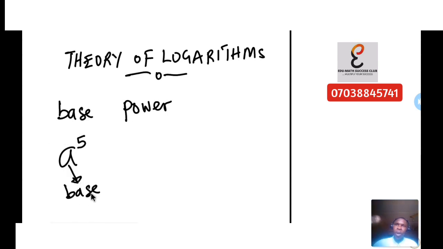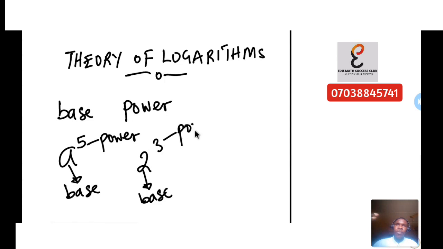You can see it's at the lower part, that's why it's called the base. The one at the top is called the power. So you have base and power. If you have 2 raised to the power 3, this 2 here is the base, then 3 is the power. This power, you can also call it index. So that's about base and power.